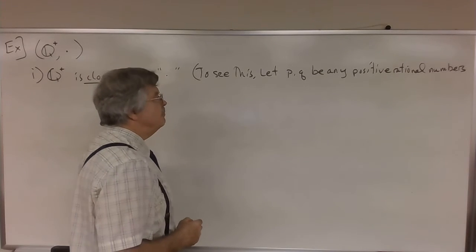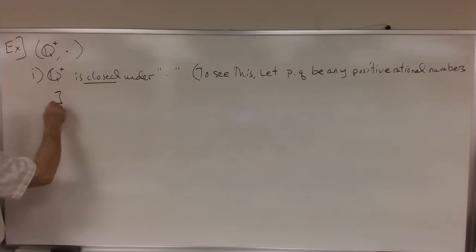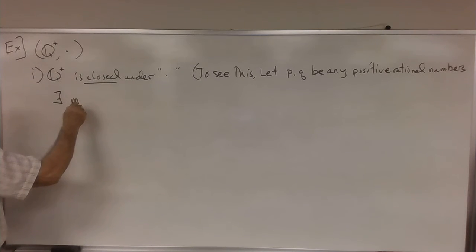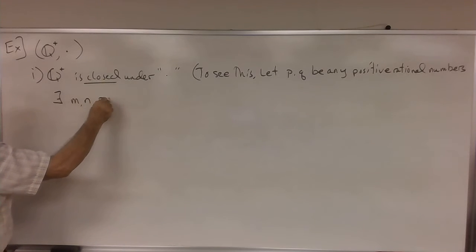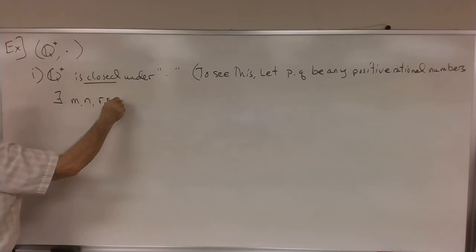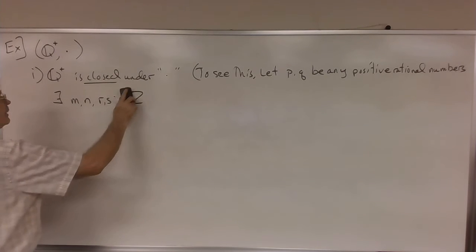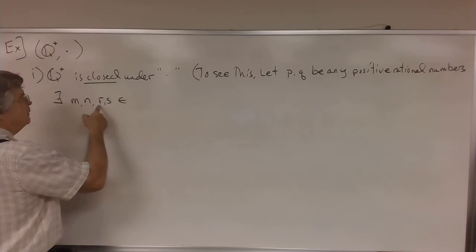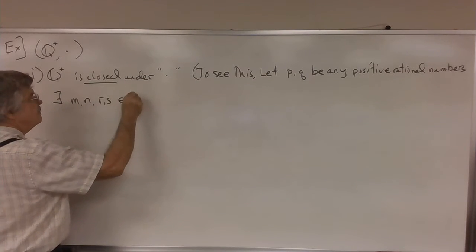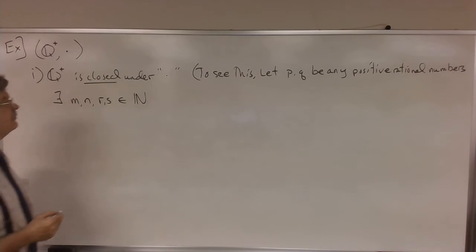So pick any two positive rational numbers. Since we're talking positive rational numbers, we can assume that all of these are natural numbers, positive integers.